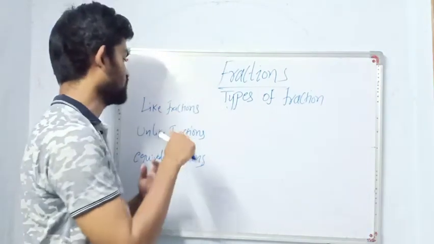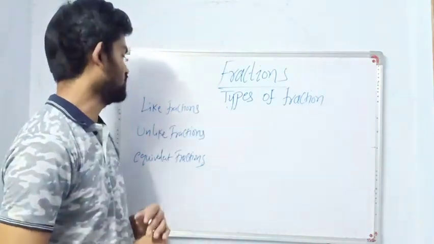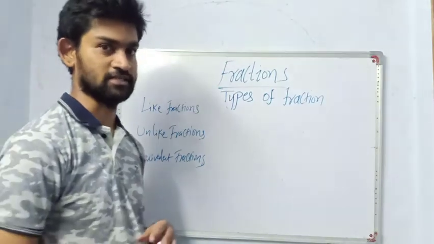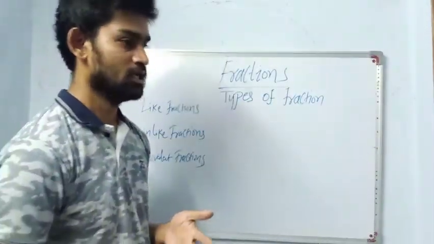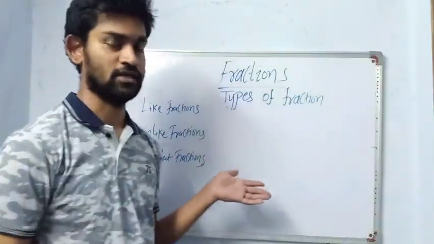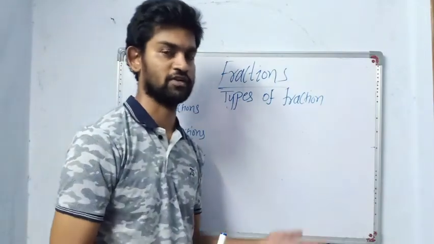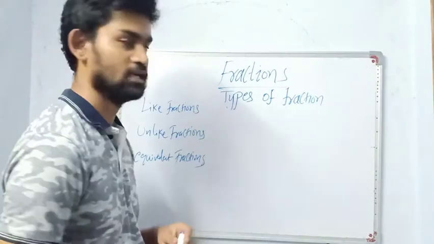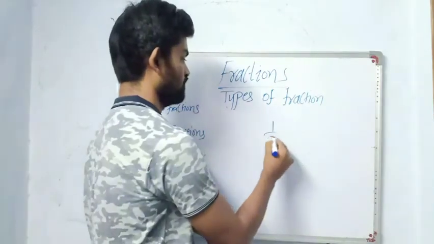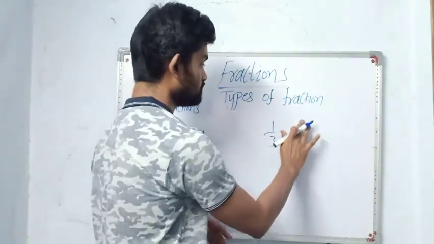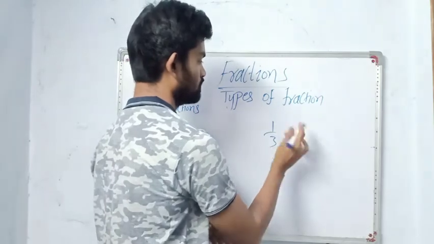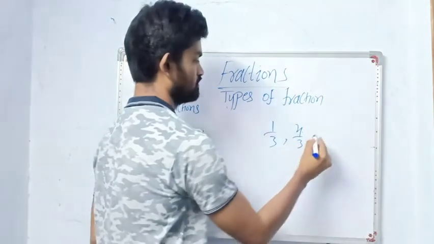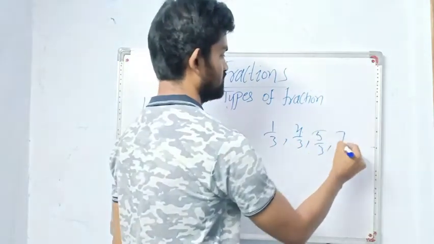First one is like fractions. What are like fractions? Like fractions are nothing but, if it's a comparison, you take 2 or more fractions in which all the denominators are the same, then they are called like fractions. See here, 1 by 3, 4 by 3, 5 by 3, 7 by 3.